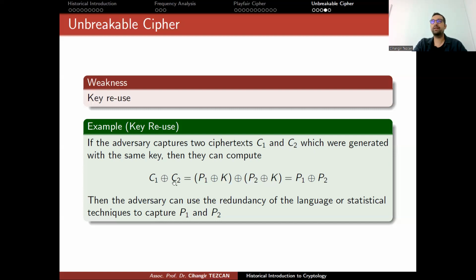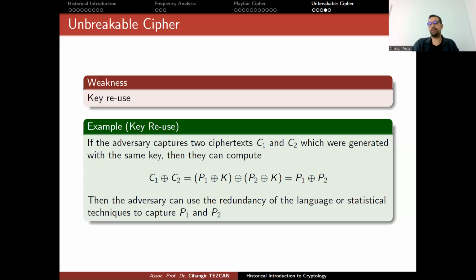So XORing C1 and C2 means P1 XOR K, XOR P2 XOR K, right? Since the XOR operation is modulo 2, having 2 Ks here means that they cancel each other. So C1 XOR C2 actually gives you P1 XOR P2.